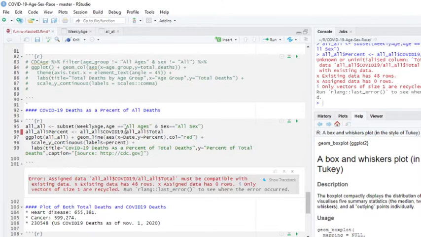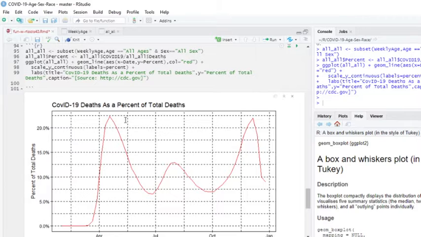Okay, so these must be deaths. Well, this certainly isn't good news. What you can see, if this number is correct, is that COVID-19 deaths have gone back up to about 25% of the total deaths.